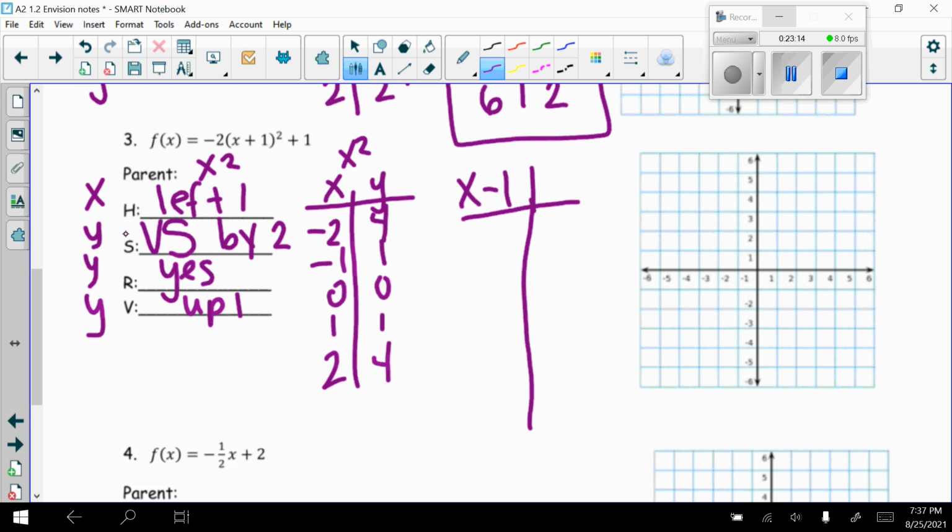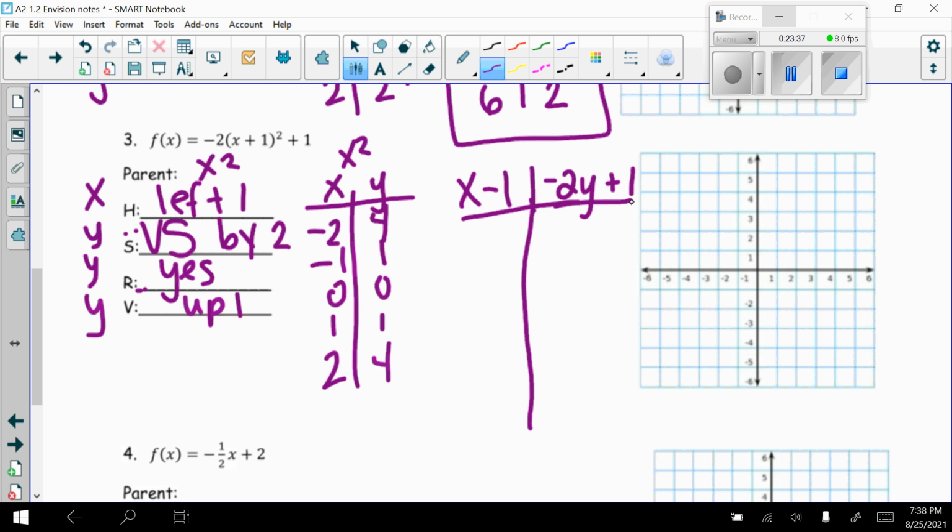All of these affect y, and I go in this order. Okay? So S and R. It was a -2, so I have to multiply -2 times y, and then my V was up 1, so then I add 1. So I'm going to change all of the x's and all of the y's in my parent function. So to all of these x's, we're going to subtract 1.